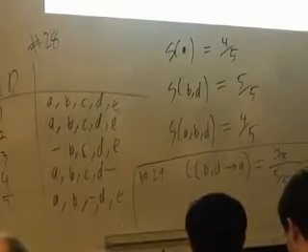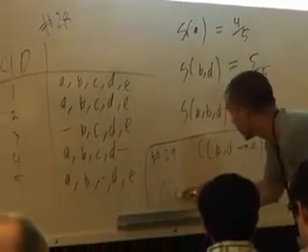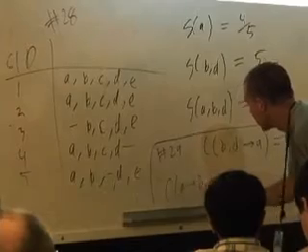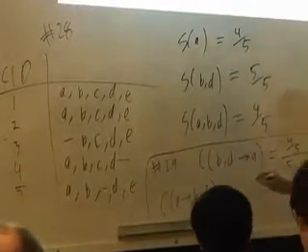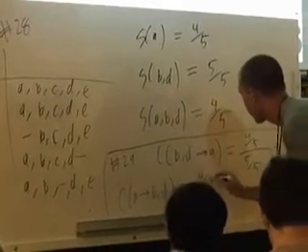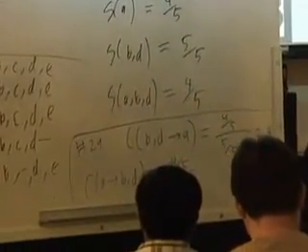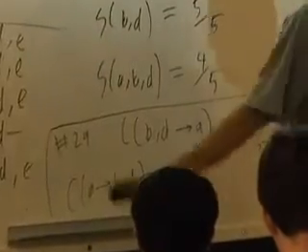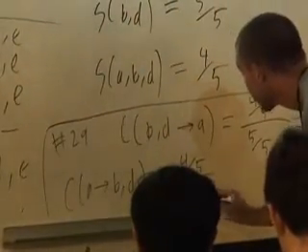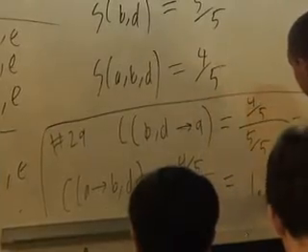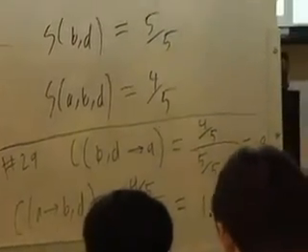And then going the other way, A implies BD. Okay, so on the top, that's got to be, again, the 4/5, the support for the ABD triple. On the bottom, I'm going to put everyone who bought A. Well, that's the support of A, 4 out of 5. So this rule actually has 100% confidence, right? 1.0. Everyone who bought A also bought B and D, right? Who's everyone who bought A?